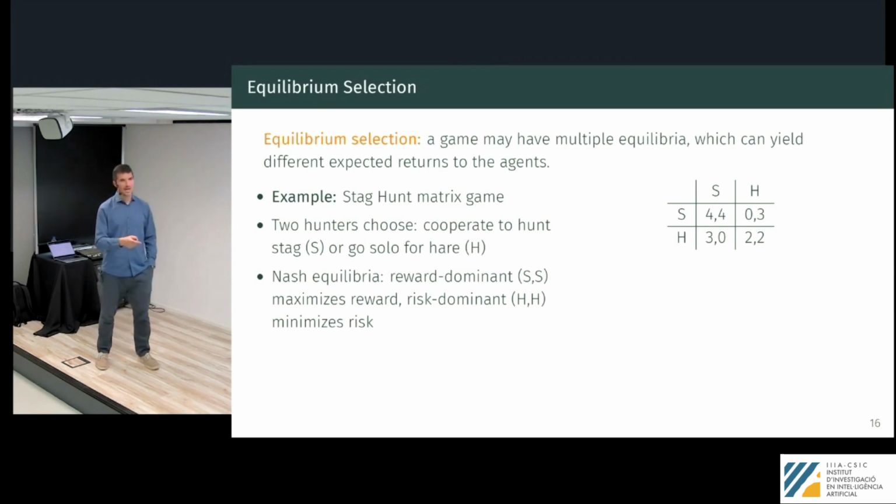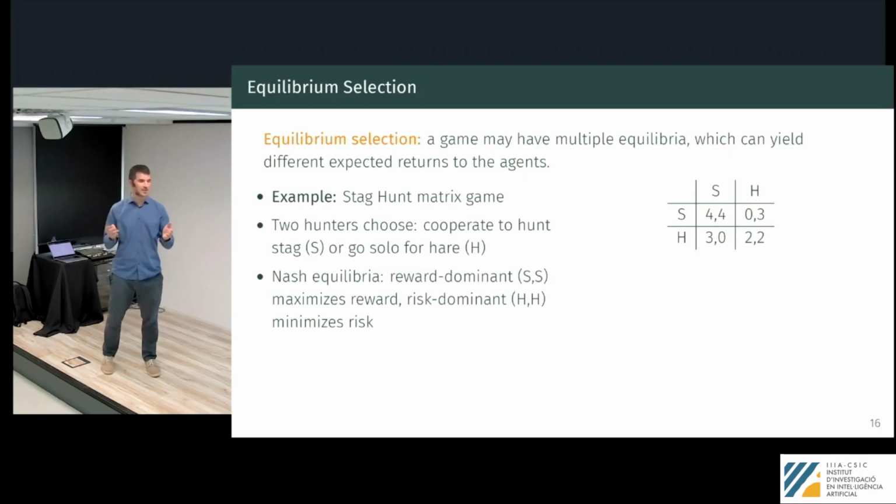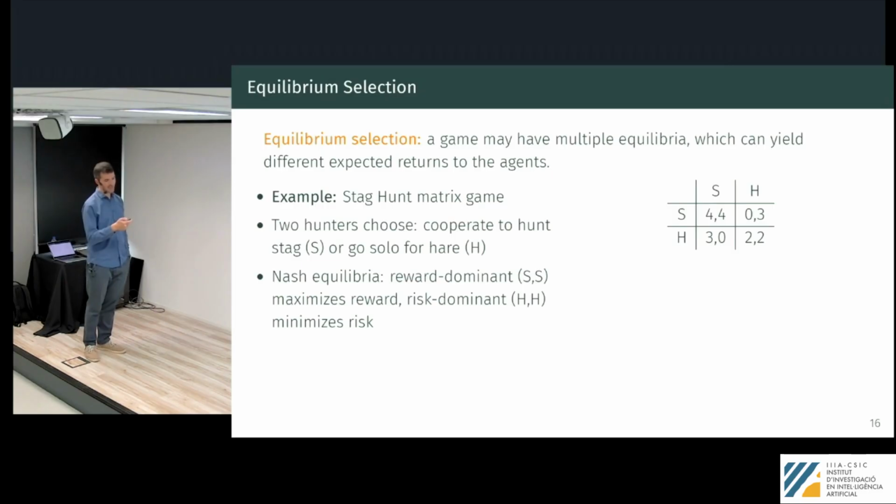And it turns out that multi-agent reinforcement learning algorithms gravitate to the risk dominant equilibrium, because when they randomly explore actions initially, this kind of situation can happen where other agents move away from this Nash equilibrium, and then there's a big hurt, a big drop in rewards. Because of this risk, they tend to gravitate towards the risk dominant HH solution.